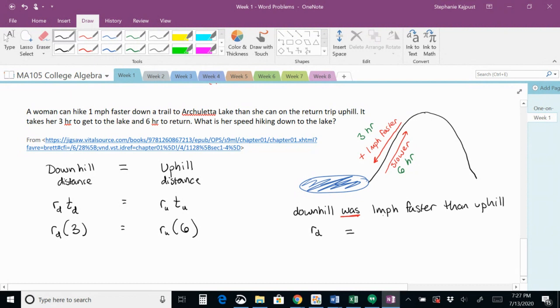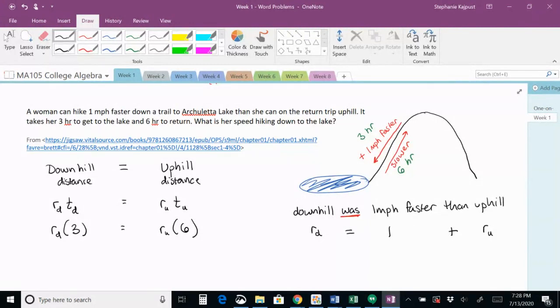When we have 1 mile per hour faster, that means we're adding 1. I have that plus 1, so I'm going to have a 1. And just like in the other one where I put the plus sign where the "than" is, I'm putting the plus sign with the "than." And then this is the uphill, that's the speed uphill. So I've written a relationship here that says that downhill was the uphill plus 1 mile per hour for their speed.